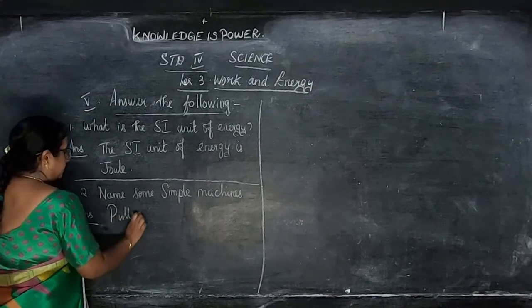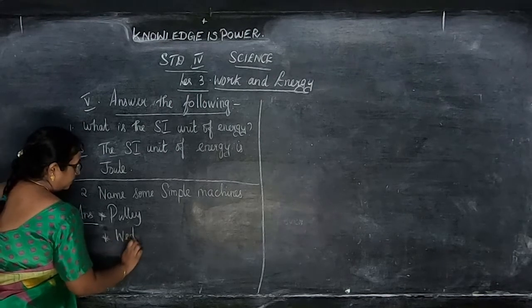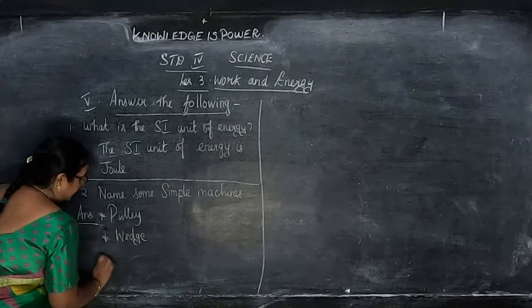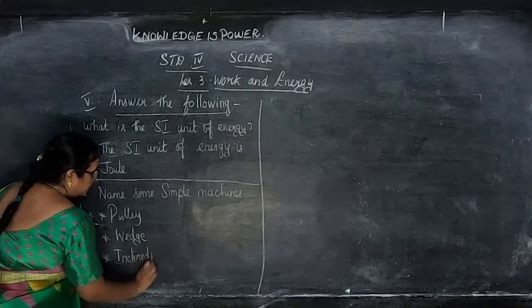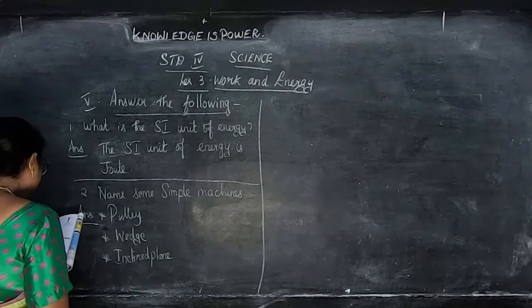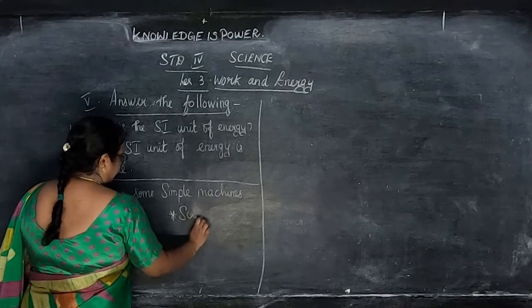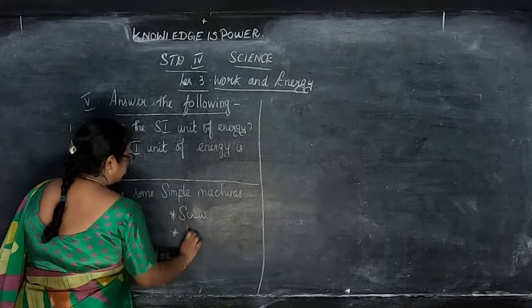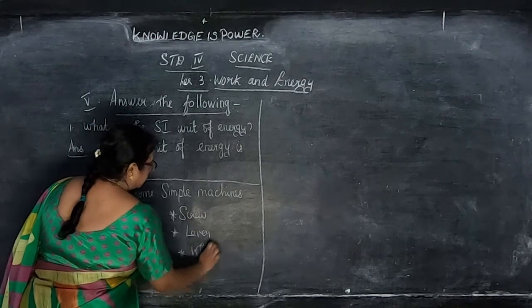Pulley, wedge, inclined plane, screw, lever, and wheel and axle. Okay, children.